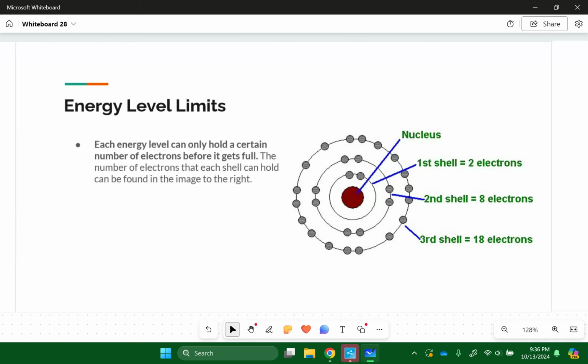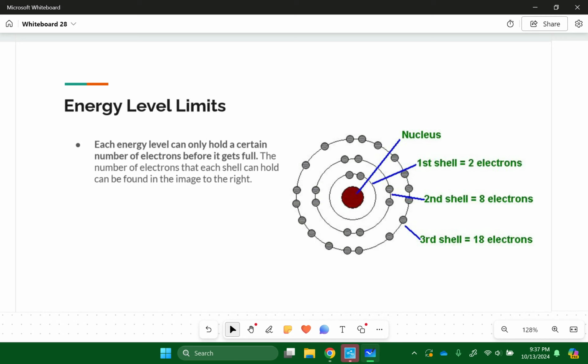As I said before, each energy level can only hold a certain number of electrons before it gets full. The number of electrons that each shell can hold can be found in the image to the right. This image goes over how many electrons can fit in each energy level. So this red dot right here is our nucleus.